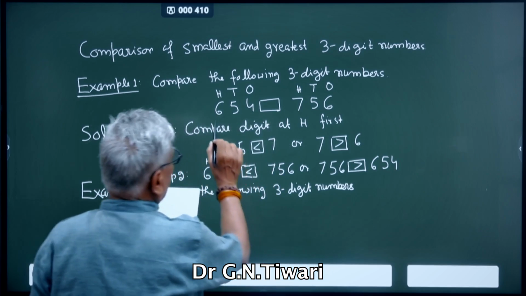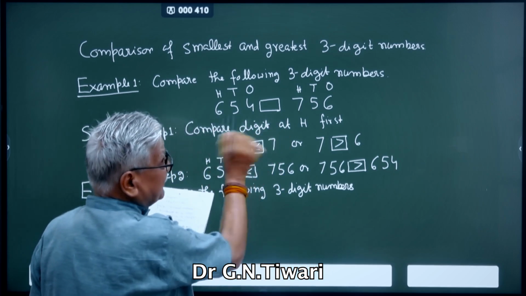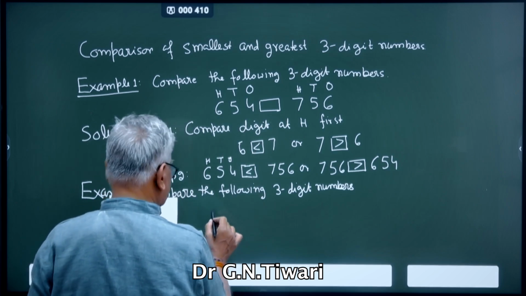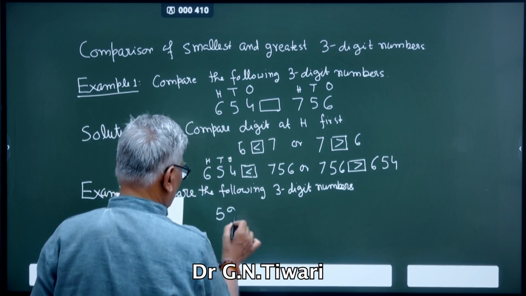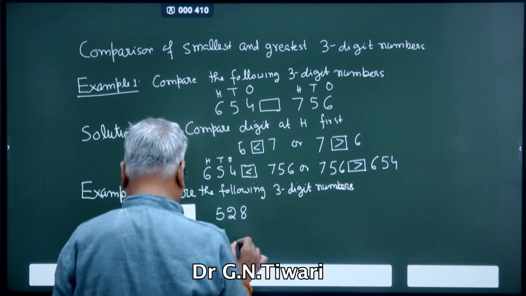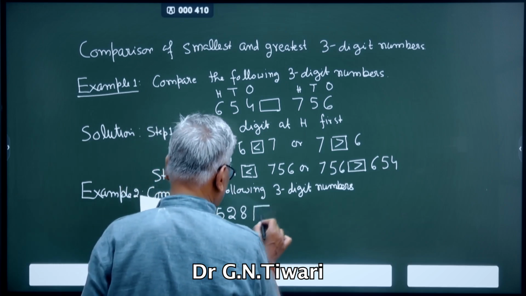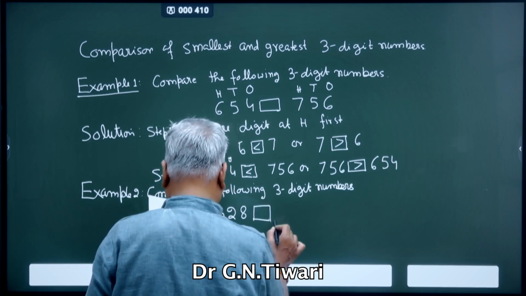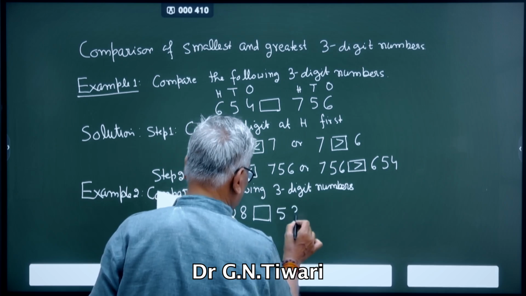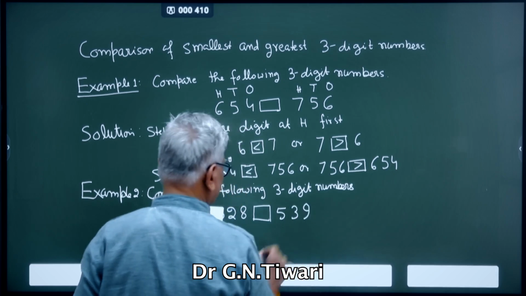Now here the hundreds place digits are the same, but in this case 5, 2, 8 and 5, 3, 9.